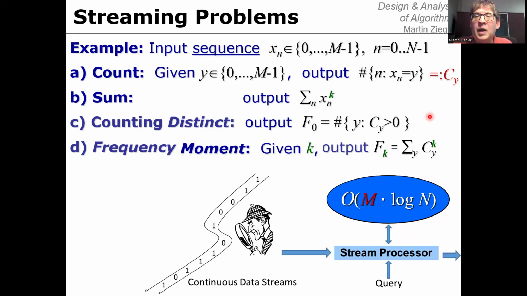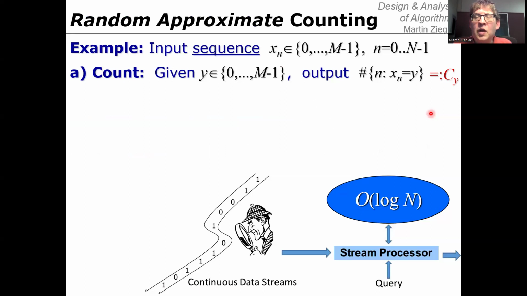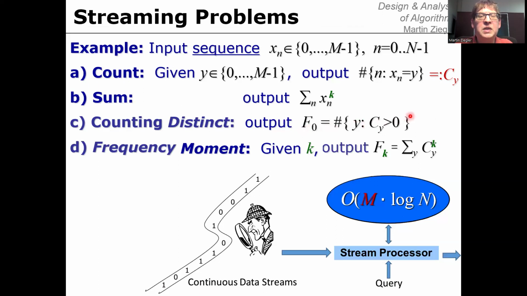So what we're going to look at and analyze is an algorithm for the distinct counting problem, an algorithm that uses memory log log n. And this is a very funny algorithm because it uses two tricks to save memory, to get memory down from log n to log log n. First trick is we're not asking for the exact number of distinct elements anymore, but only for an approximation.